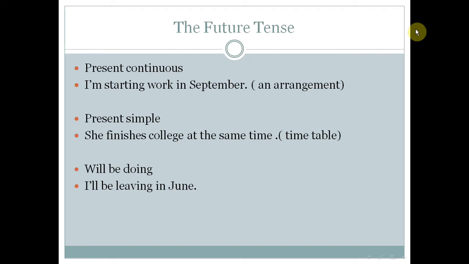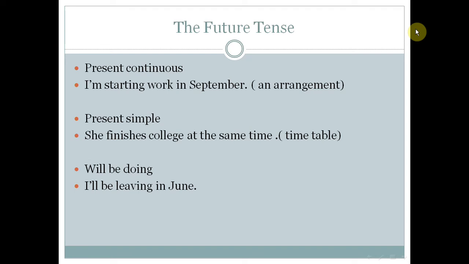Will be doing. I'll be leaving in June. Will be doing, future continuous. Will followed with be, because when we form continuous tense, we need to use verb be and we add ing to the main verb. Here, in future continuous, we have a combination of two tenses, future tense and continuous tense.